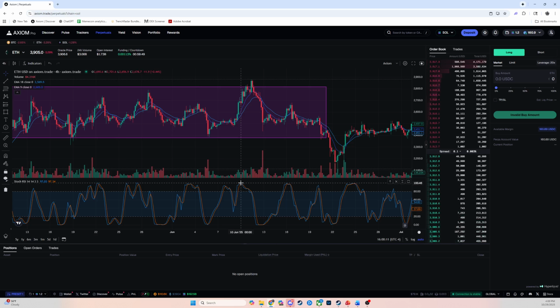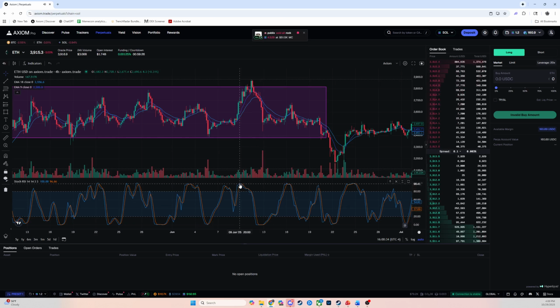And usually when something is overbought, that's when I like to start clipping and taking profits. And when something is oversold in the time frame, that's when I really like to enter a position if I'm longing the market.